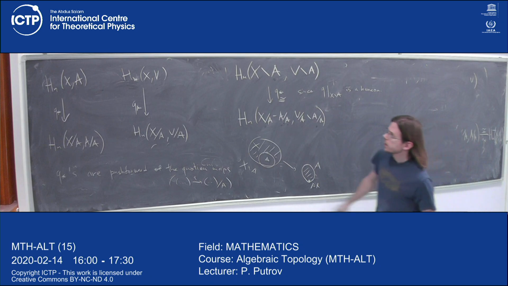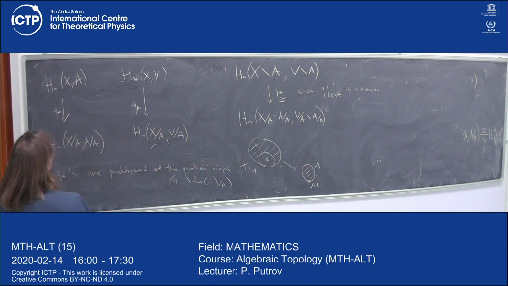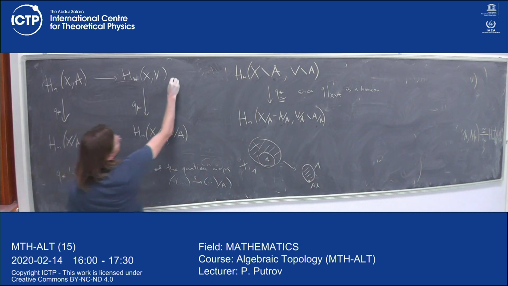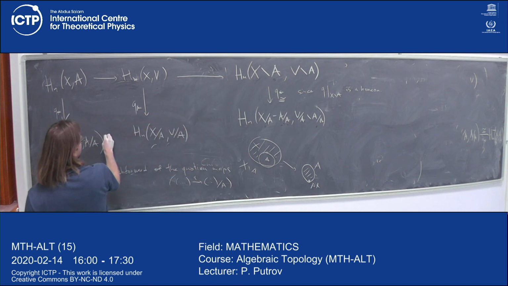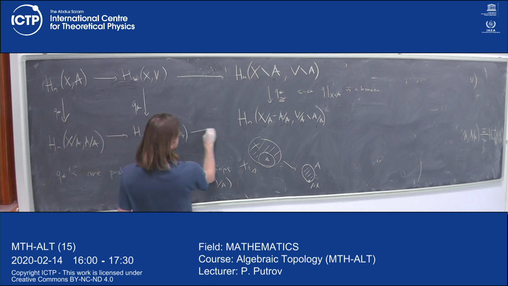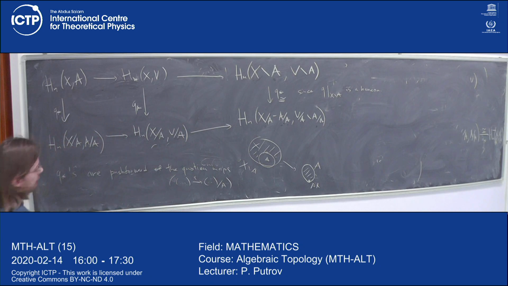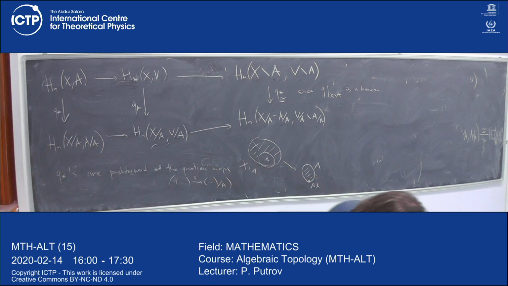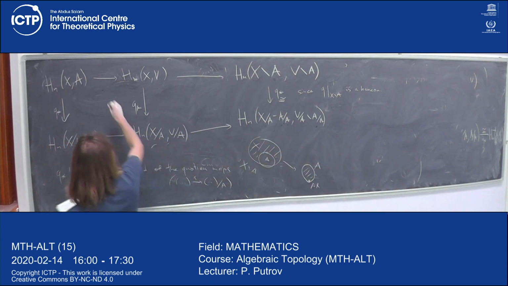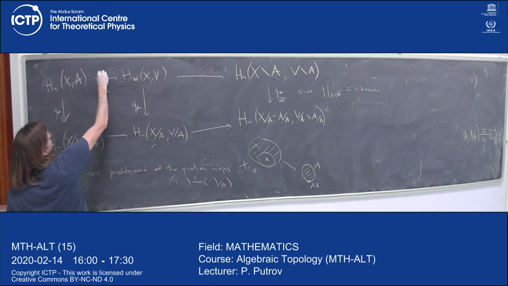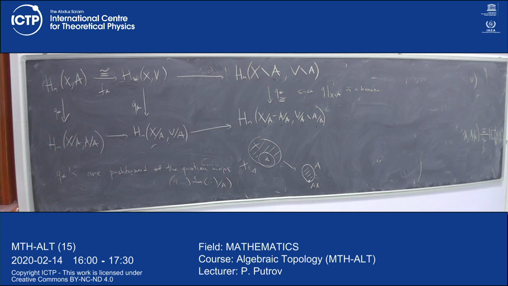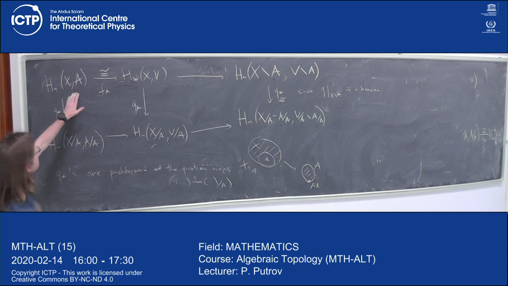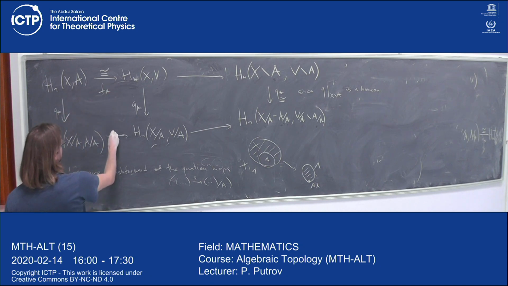And okay, so we have these columns, and we also have rows like this. So this is our map F star, which we had before. We showed that this is an isomorphism. So this appeared in the long exact sequence, and there was a map G star, which appeared in the long exact sequence.